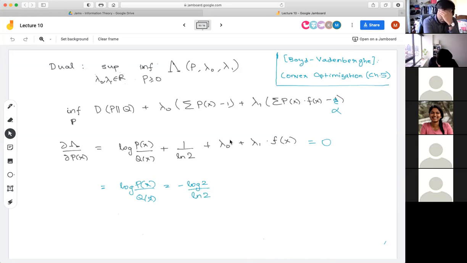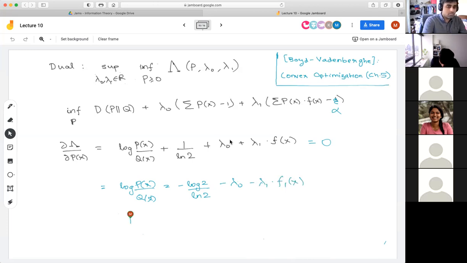Let's see. I'm just writing 1 as log 2. Okay. Let's see. Minus lambda 0 minus lambda 1 times f of x.